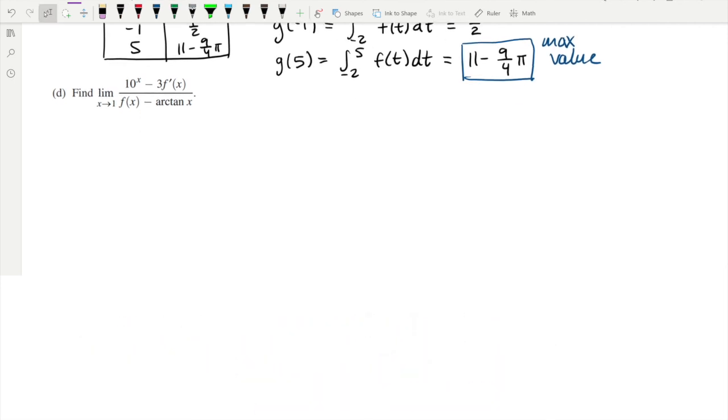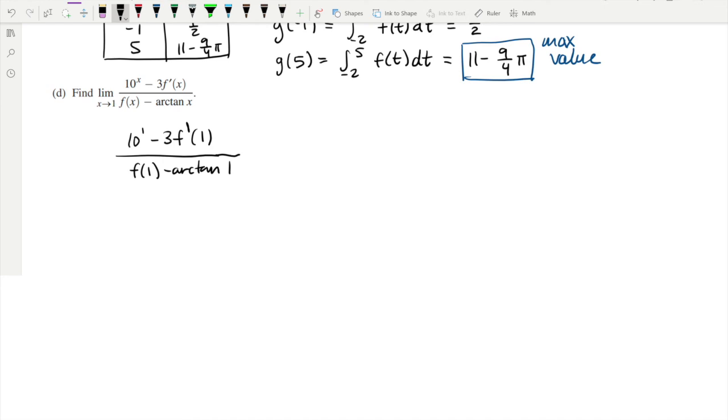The limit as x goes to 1 of this. Whenever you have a limit, especially a limit at a value, you should try to just plug it in and see what you get. This wants to be 10 to the 1 minus 3f prime of 1 over f of 1 minus arctan of 1. Okay, so let's see. What's the derivative of f at 1?